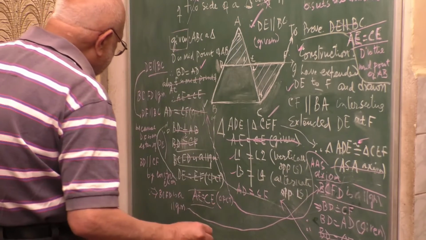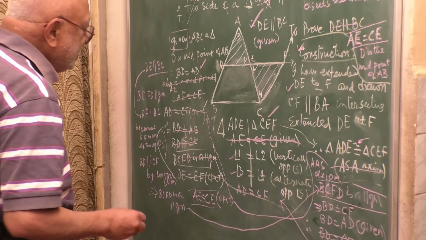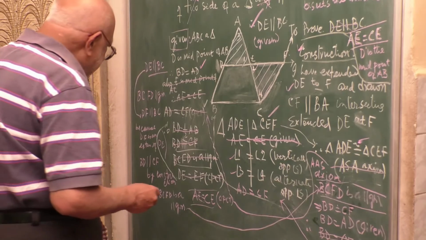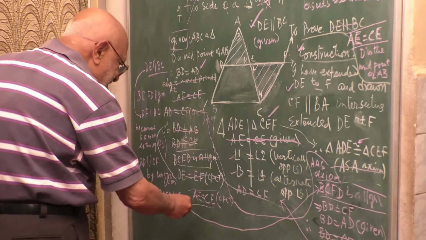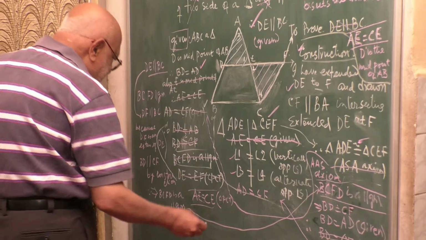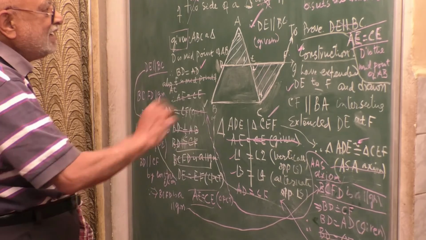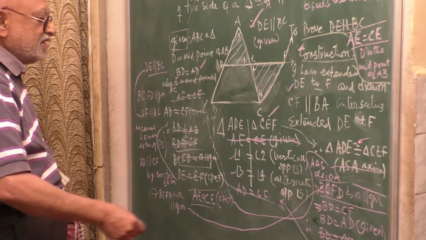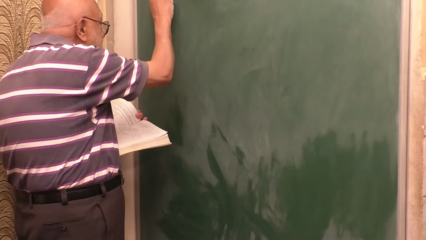As these two triangles become congruent, then what do we get? We can say from CPCT, have I written it here? Yes, here I have written AE is equal to CE. So this is done. So you saw one and the other is the converse of the other, and this is over.